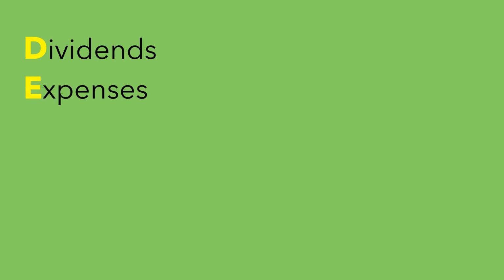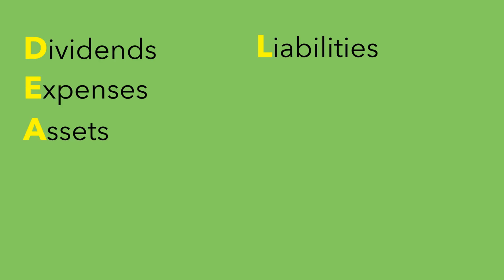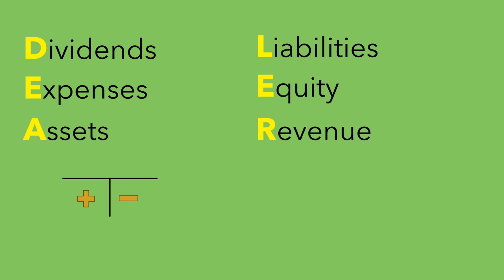So DEALER stands for dividends, expenses, assets, liabilities, equity, and revenue. So dividends, expenses, and assets are increased when debited and decreased when credited, while your liabilities, equity, and revenue decrease when debited and increase when credited.